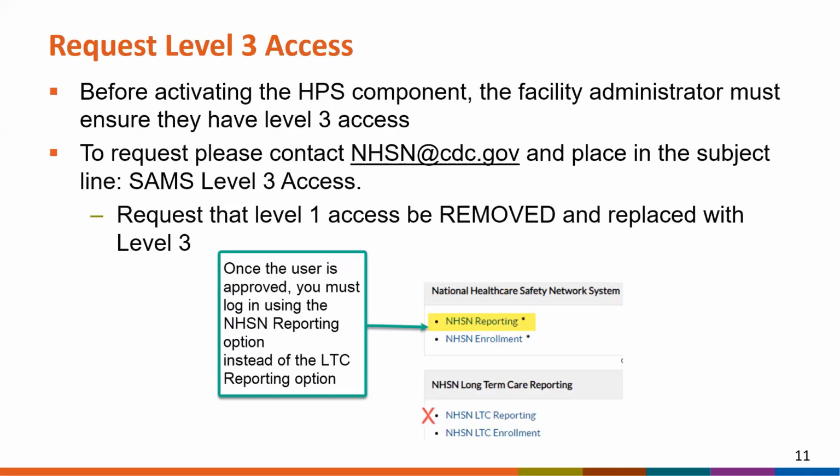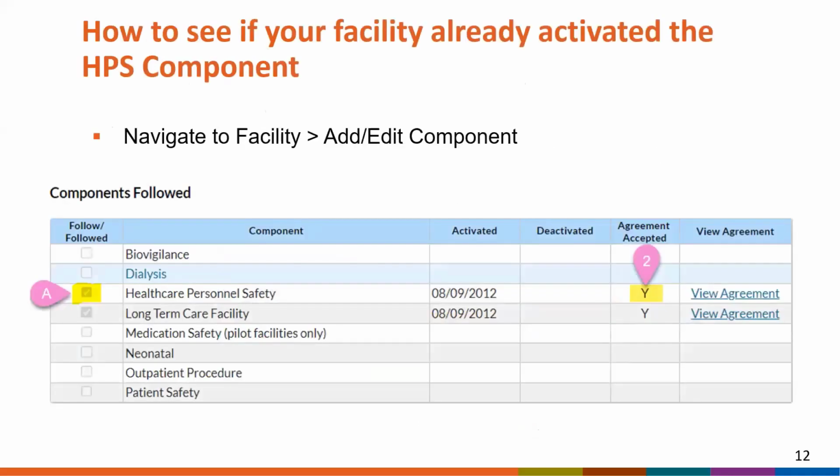Once you are approved, you will log into the application as seen in the screenshot by selecting NHSN reporting, not long-term care reporting. Please note that you only need to activate the HPS component once.